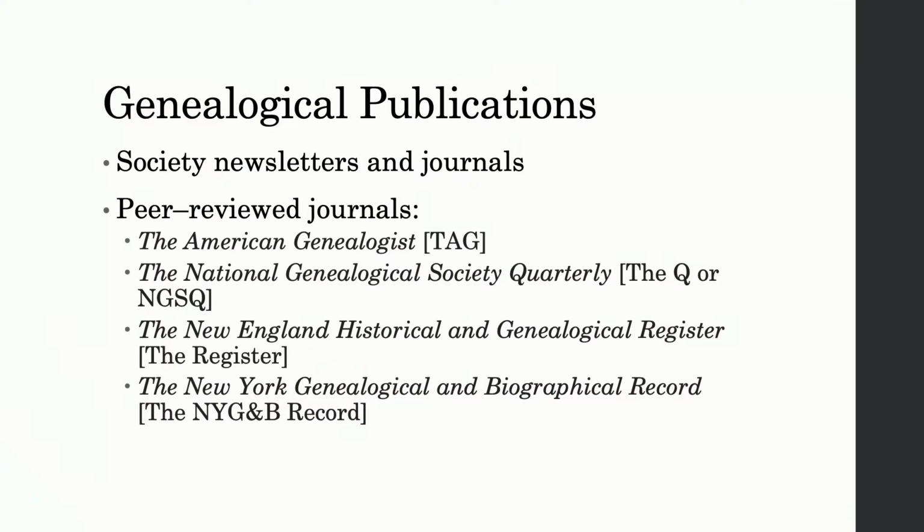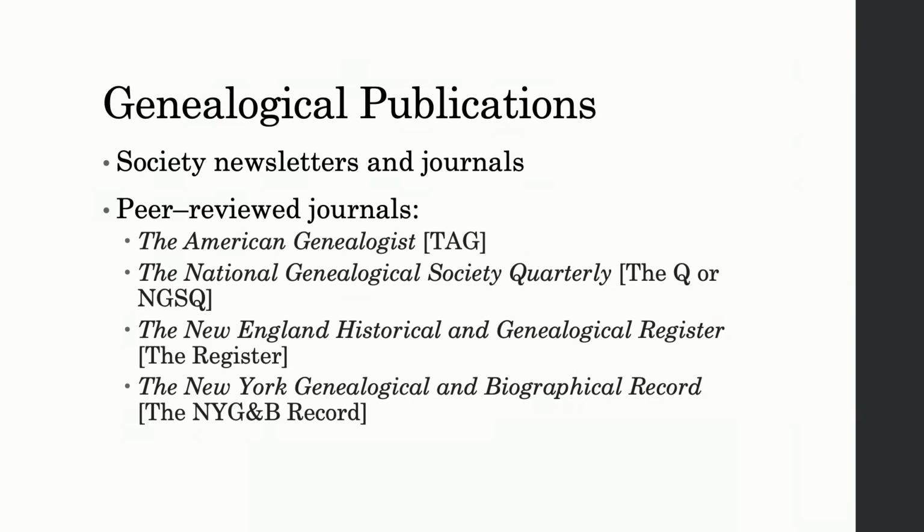Sometimes you might be motivated to publish an article in a genealogical publication, a local genealogical society newsletter or journal, or even a peer-reviewed journal, such as the American Genealogist, the National Genealogical Society Quarterly, the New England Historical and Genealogical Register, or the New York Genealogical and Biographical Record. You might have a couple of paragraphs that helps to unlock the mystery of someone else trying to piece together individuals who are the same name.